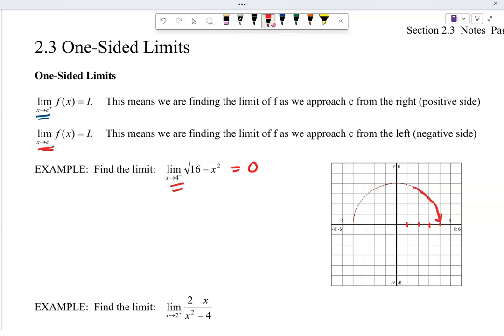Now, notice we can still plug it in, and we'll actually get a value. 16 minus 16 is 0. Square root of 0 is 0. But it has just a one-sided limit as we're approaching it from the left. Notice there's nothing on the right, so we can only approach this from the left.